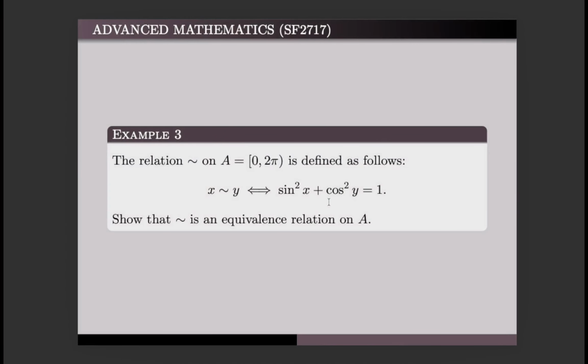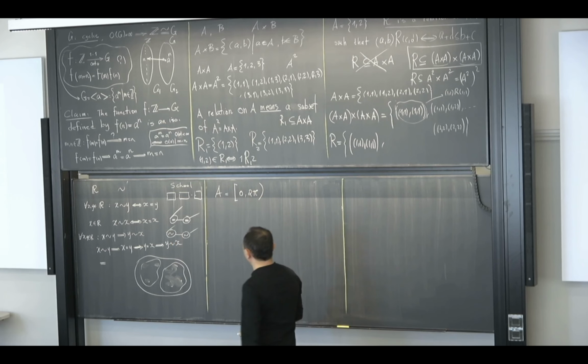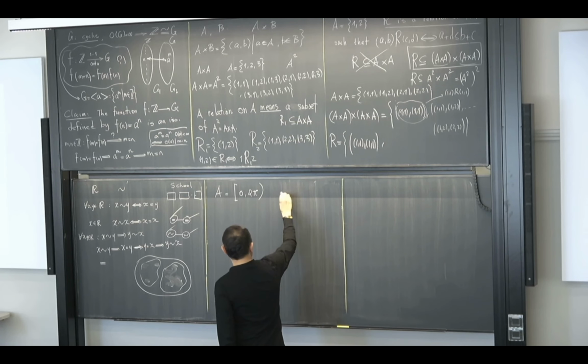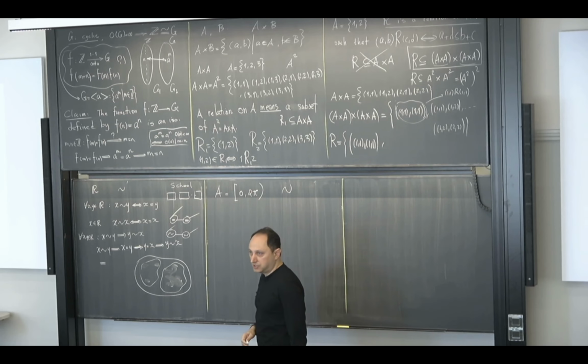This is one of the practical problems. This is something you need to know in abstract algebra. I have given you a relation on a set. So remember, whenever you talk about a relation, you should have a set first. In this case, I have given you this set A equal to the interval from 0 to 2 pi, 0 included, 2 pi excluded. And I have defined a relation tilde on A. So what does it mean?